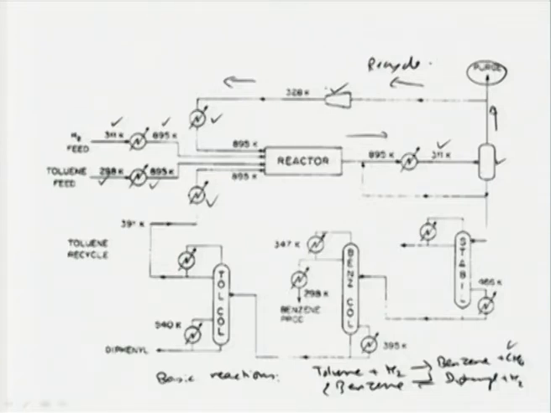The liquid that comes out from the flash drum contains dissolved gases, both methane and hydrogen. That liquid is first heated to remove the dissolved gases in a stabilizer column.